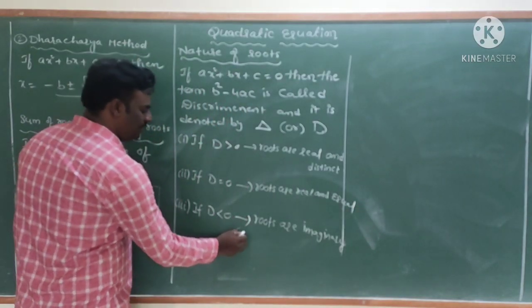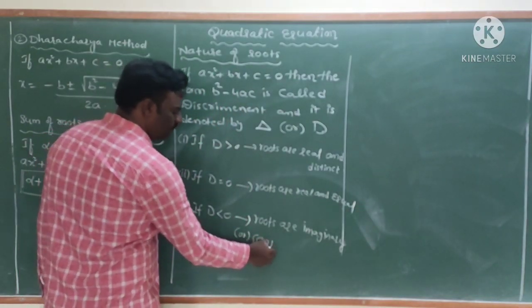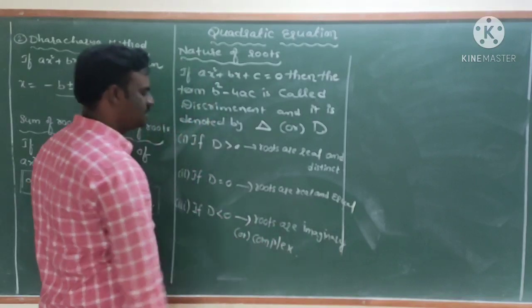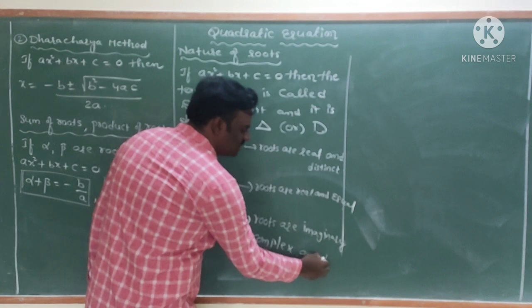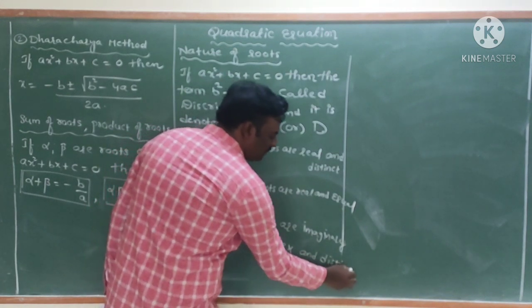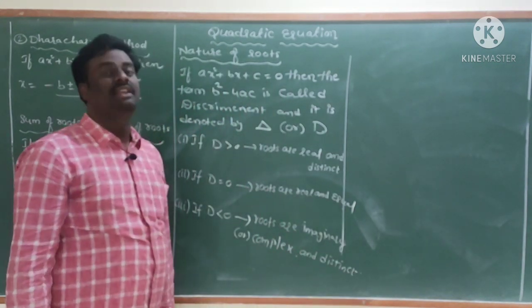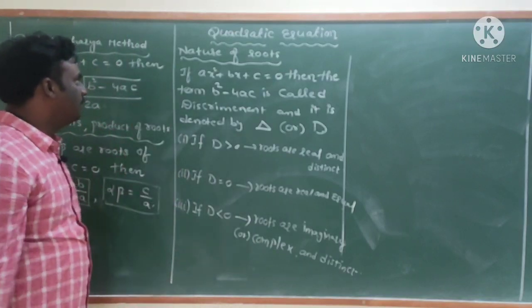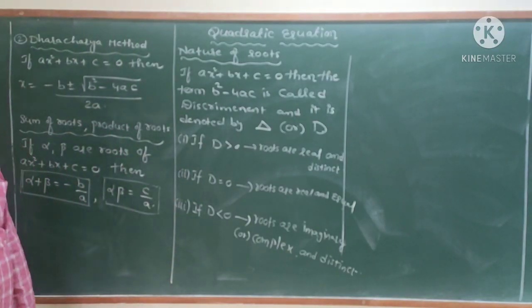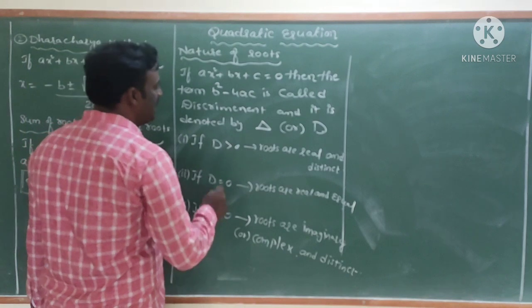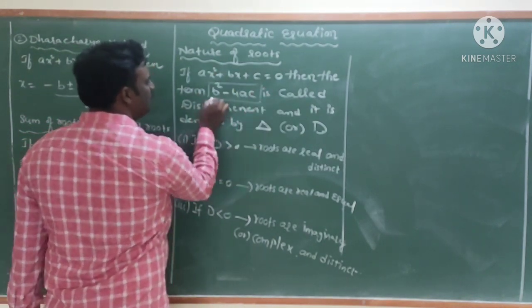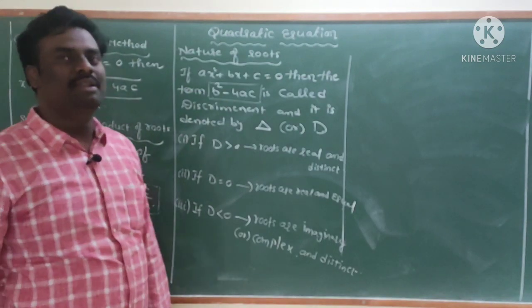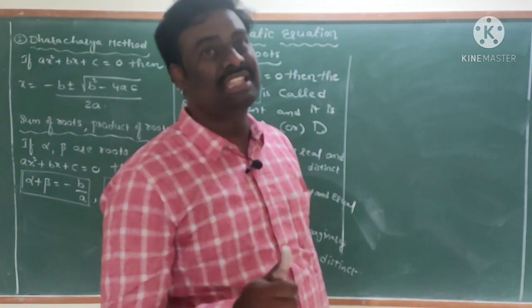So we have one more name for this, complex, and distinct. Distinct means different. So this is the nature of roots concept. So to estimate the nature of the roots, the main thing we need to find is the value of b square minus 4ac, that is called discriminant.